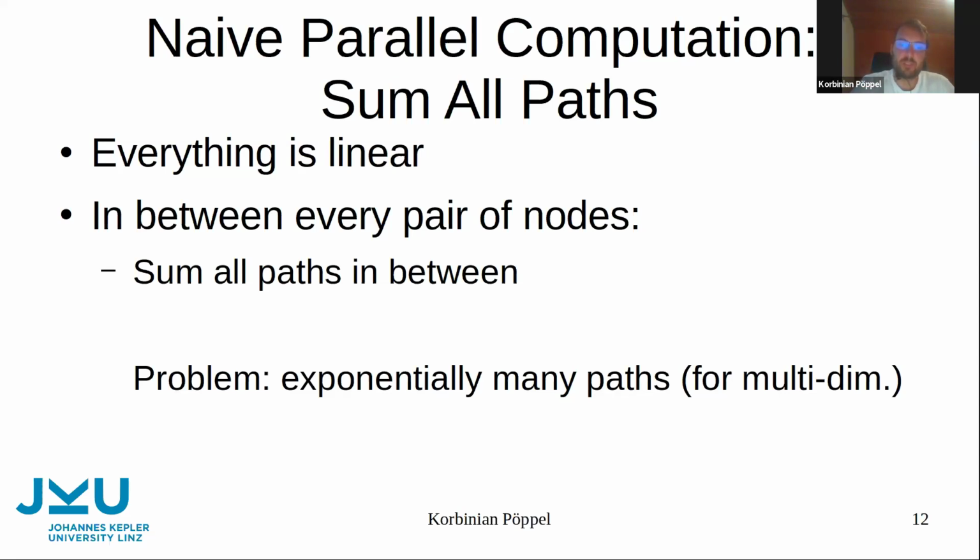The problem here is that there are exponentially many paths in the multidimensional case. If you imagine an image, assuming that we go causally from left to right and top to bottom, at every patch or pixel you have two outgoing neighbors, and you also have two incoming neighbors at the top and at the left.